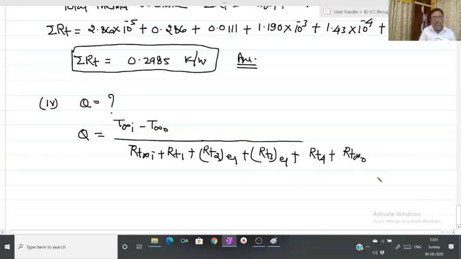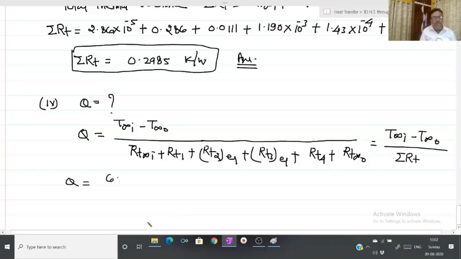All these thermal resistances will get added up, or I can also write T infinity I minus T infinity O over summation of RT. So this will make my work easier.